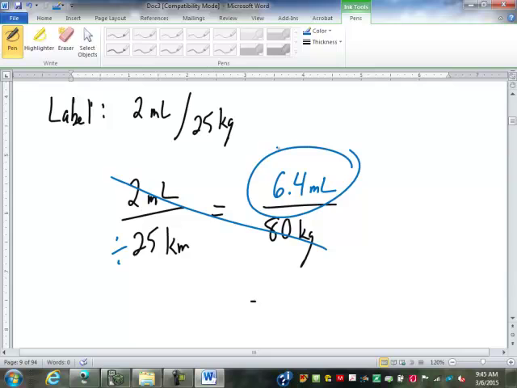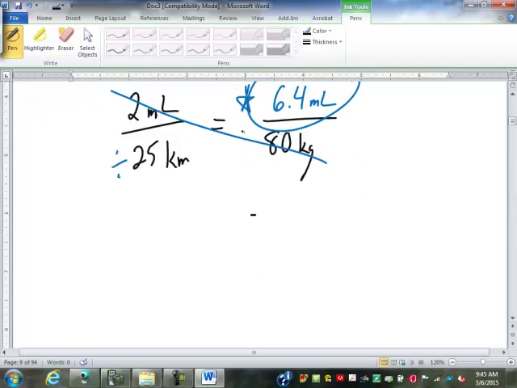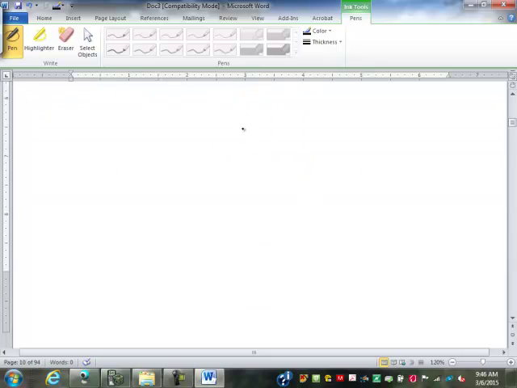But like I said, if you have multiple step problems where you have to go through more than one conversion, this is not the cleanest way to do it. What I think is the cleanest way to do any dosage calculation problem, something we discussed a couple weeks ago, is dimensional analysis.